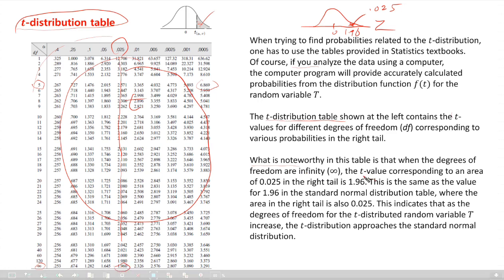The t value corresponding to the area 0.025 in the right tail is 1.96. This is the same as the value for 1.96 in the standard normal distribution table, where the area in the right tail is also 0.025. It indicates that as the degrees of freedom for the t distributed random variable t increase, the t distribution approaches the standard normal distribution. It can be proved theoretically.